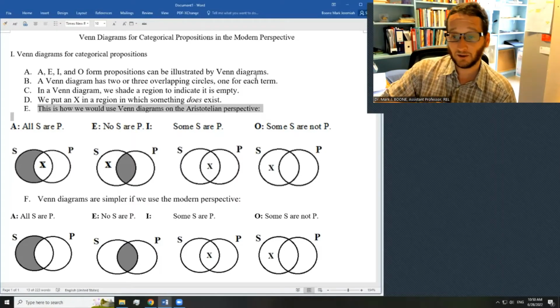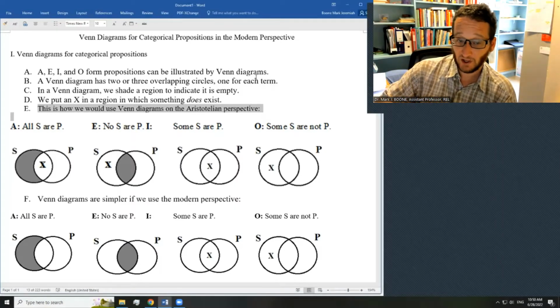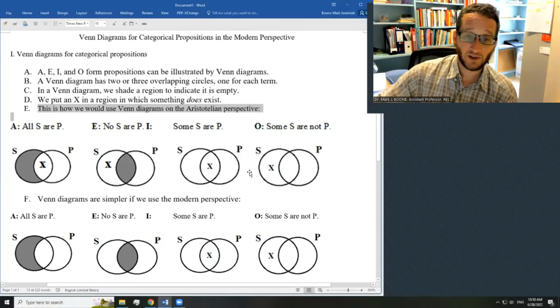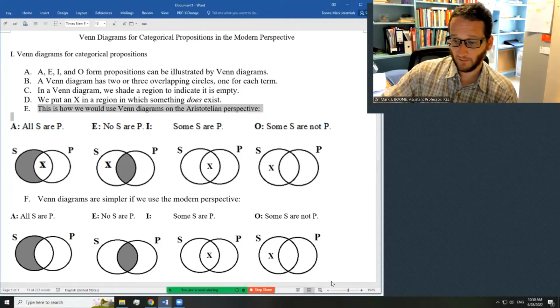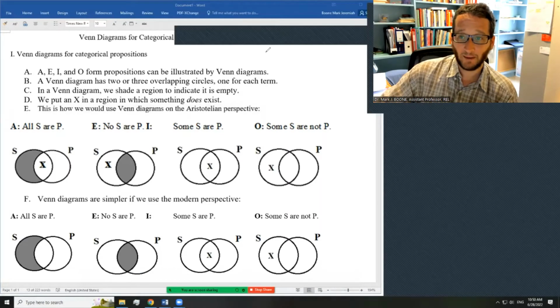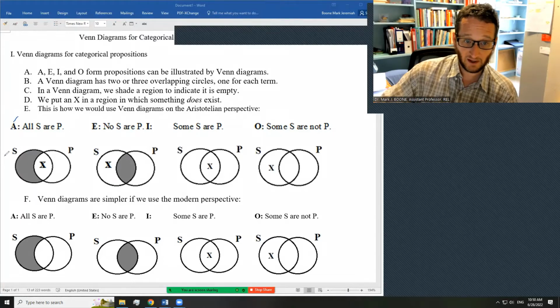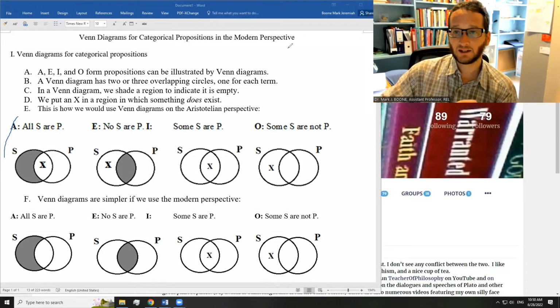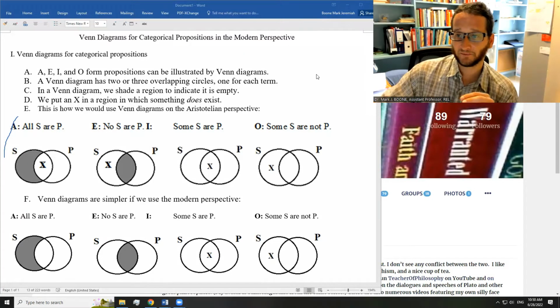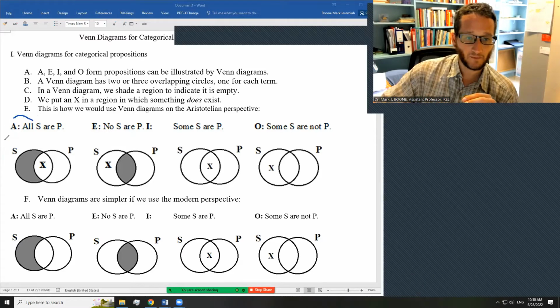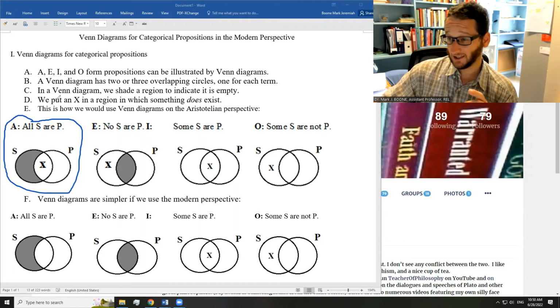So the Aristotelian perspective has it that there's more information in some categorical propositions, and so you have to include more things. So any A-form proposition is going to, on the Aristotelian perspective, tell us that if anything is an S, then it's a P, and some S exist.